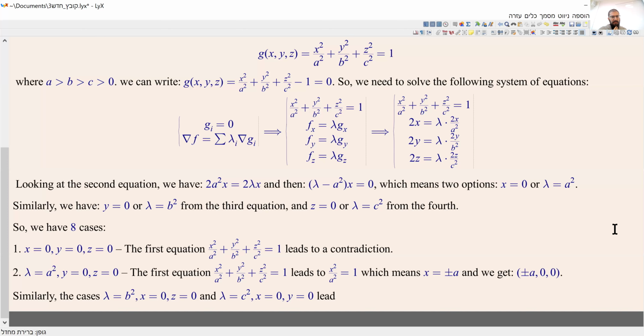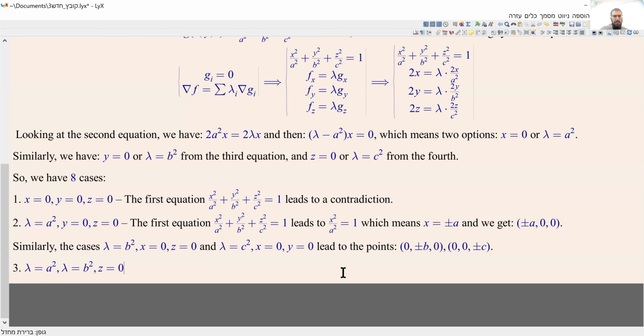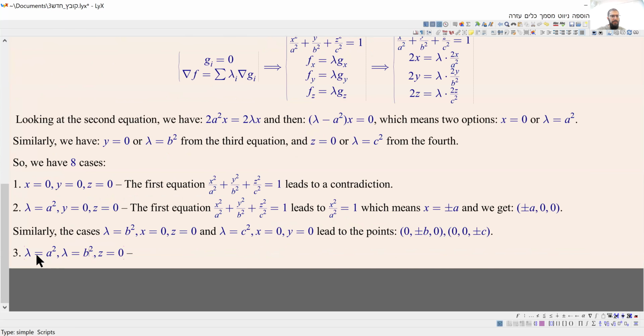Now, of course, when we have the third type of case, where lambda is a squared and lambda should be b squared and z is 0, we have a condition about a and b and c. They have different absolute values, which means that lambda cannot be a squared and b squared simultaneously.